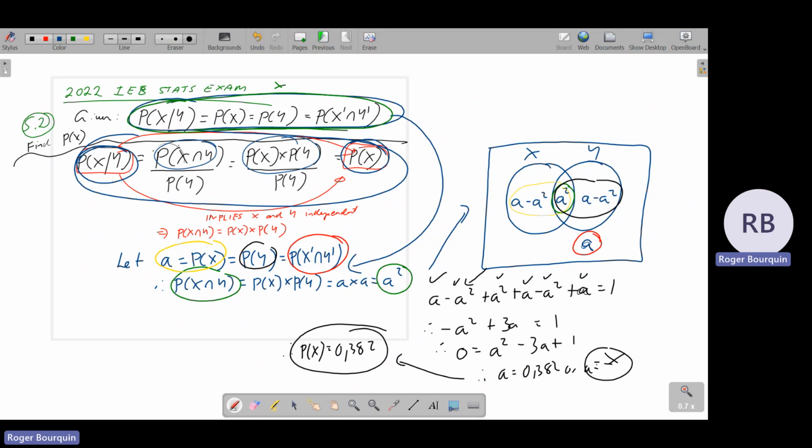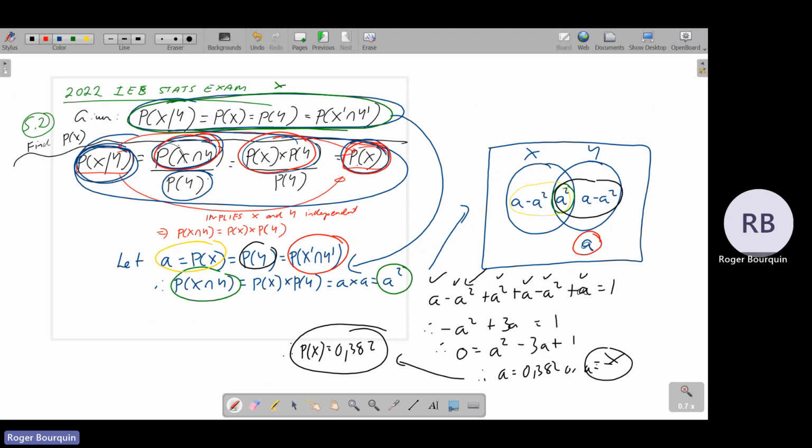The formula for the probability of X given Y has occurred is the probability of X and Y over the probability of Y. The only way you can get that to equal the probability of X is if the probability of X and Y is equal to the probability of X times the probability of Y. Then the probabilities of Y cancel out, and you're left with the probability of X.